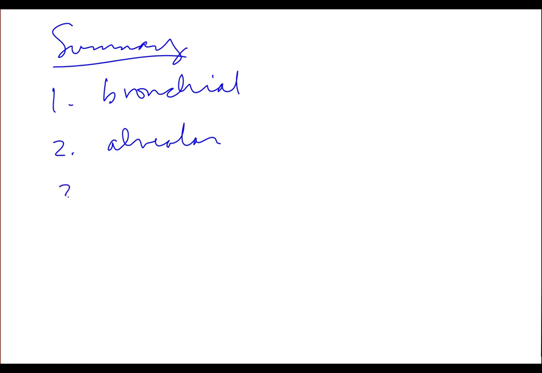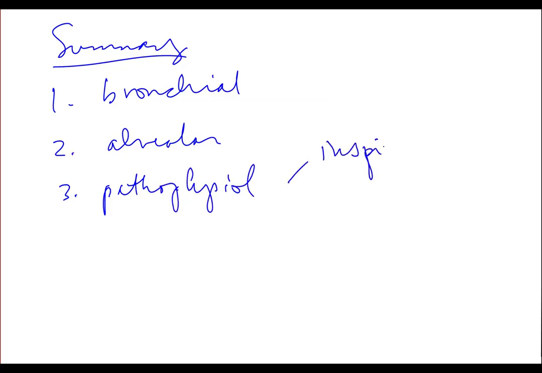In terms of our pathophysiology, we want to be able to talk about inspiration, and we want to talk about our tissue resistance, elastic recoil and surface tension, and airway resistance. When we talk about expiration, we want to be able to talk about flow limitation with forced expiration.